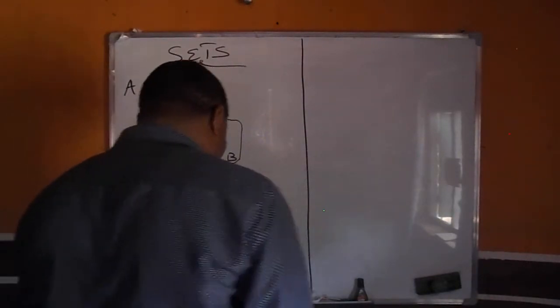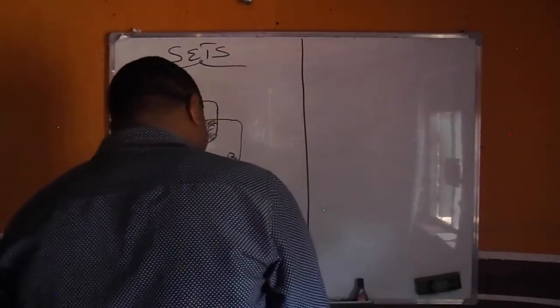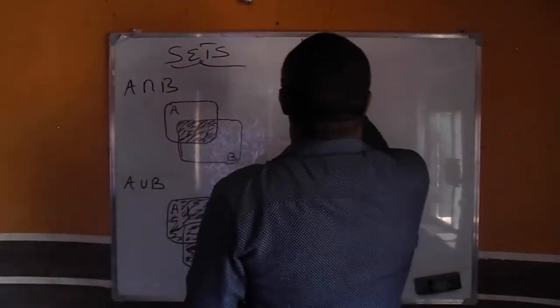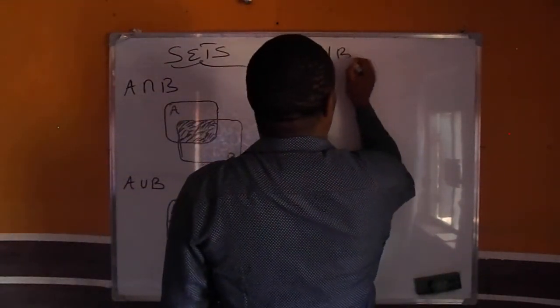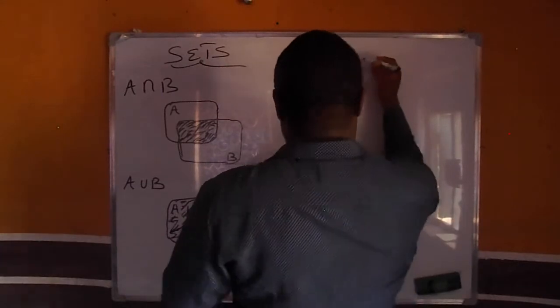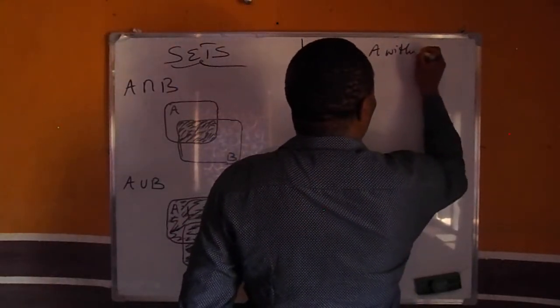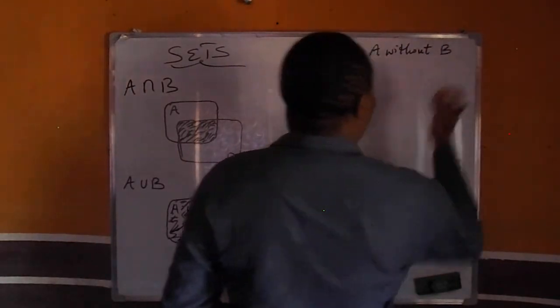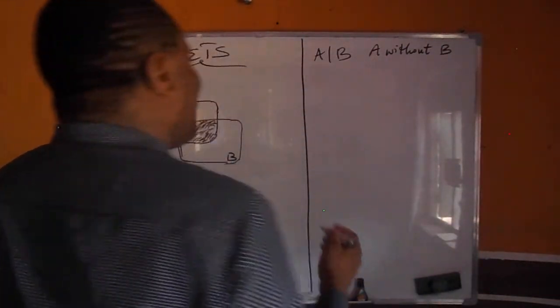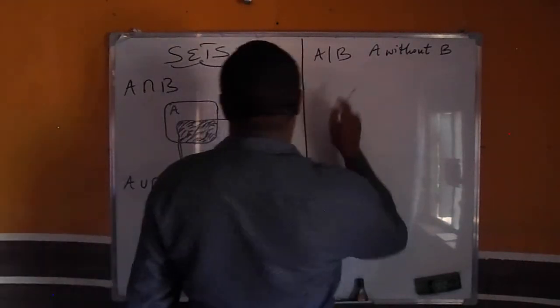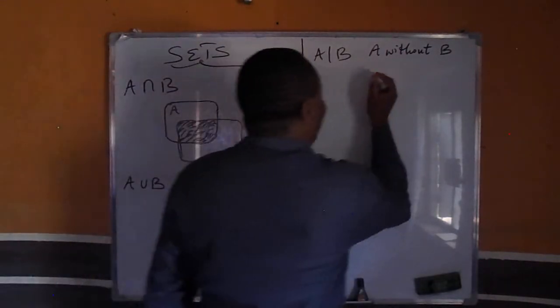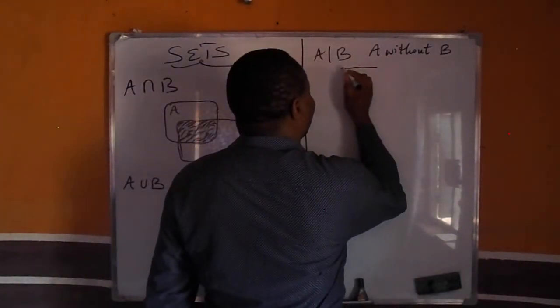Another one we have is A without B. In A without B, how do we represent this on a Venn diagram? It will come like this.